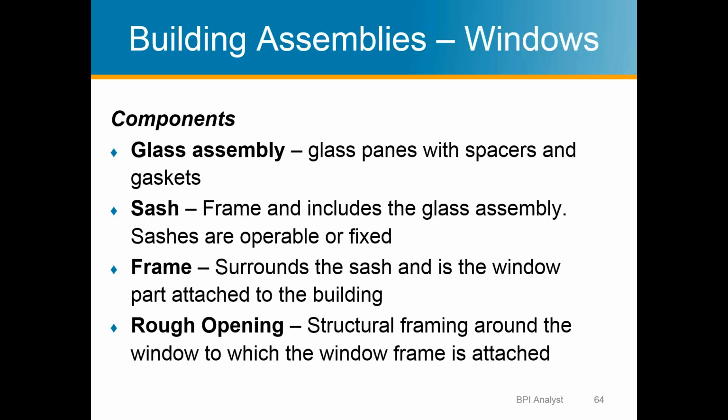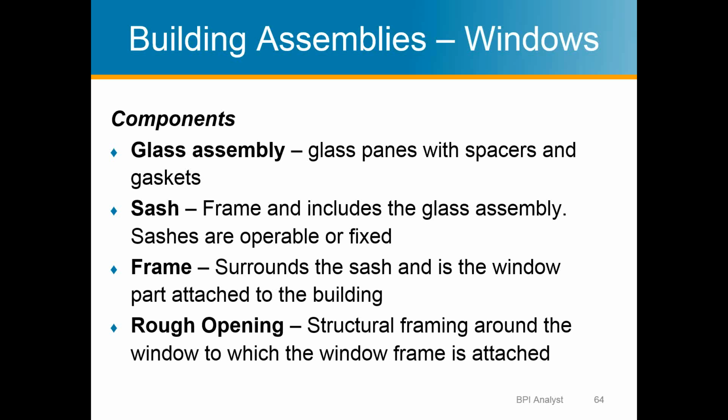Windows. So there's the glass assembly, which is the glass, dual pane. Hopefully you're going to have a spacer between two pieces of glass. This is just the components, because knowing a couple of these words is important. The sash is the glass assembly plus the frame.